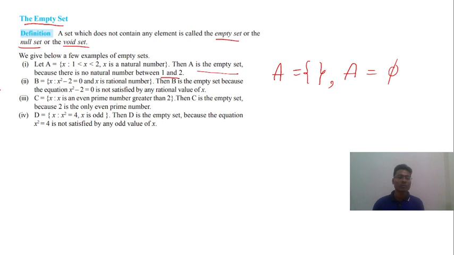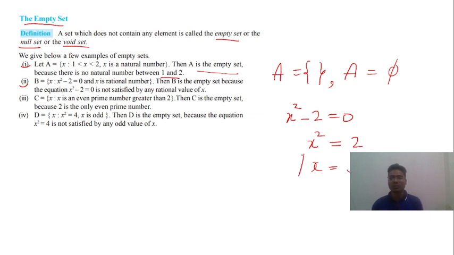So coming to our question, example number 2, which says B = {x such that x squared minus 2 is equal to 0, x is a rational number}. B is an empty set because it does not satisfy the condition of a rational number. Let's see. Here we are given x squared minus 2 equals 0, so x squared is equal to positive 2, and x is equal to square root of 2.